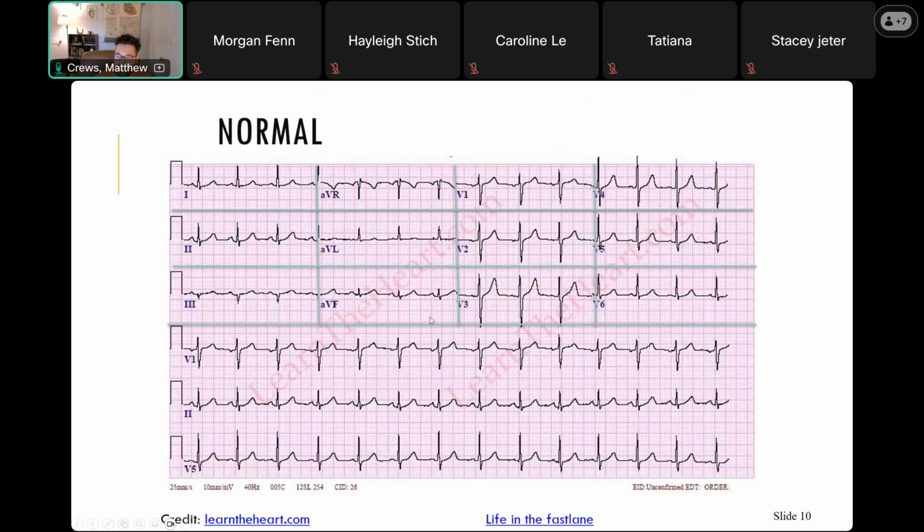AVF is important to look at the left ventricle, right? V5, V6, same thing. They're important for the ventricle. All of those are picked up right here. So these are 12 different blocks showing 12 different locations, right?